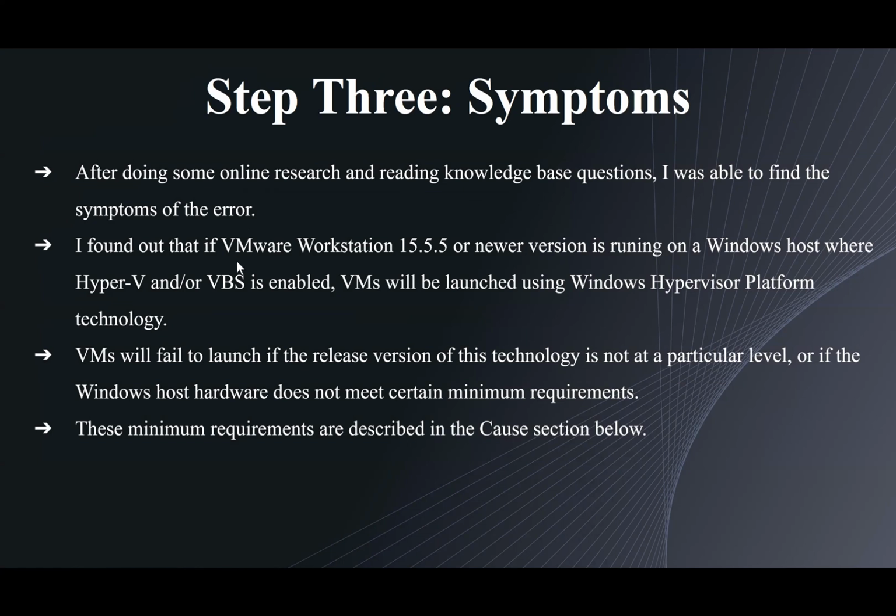I found out that if VMware Workstation 15.5 or a newer version is running on a Windows host where Hyper-V or VBS is enabled, VMs will launch using Windows Hypervisor Platform technology, and VMs will fail to launch if the release version of this technology is not at a particular level or the Windows host hardware does not meet certain minimum requirements. These requirements are described in the cause.